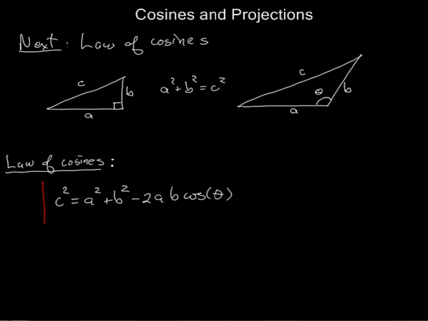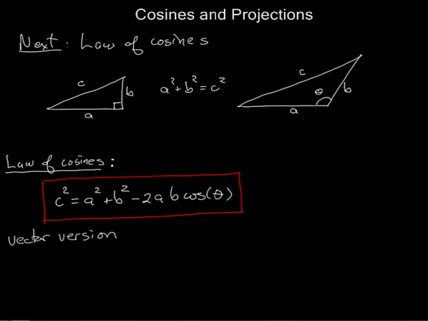So I like to think of this as being the Pythagorean theorem, a squared plus b squared, minus a correction term, 2ab cosine theta, which is 0 if theta is a 90-degree angle. So we're thinking in terms of vectors, so let's look at the vector version of this. Suppose you have two vectors v and w. Well, you complete a triangle, and the third leg of the triangle is the vector w minus v.